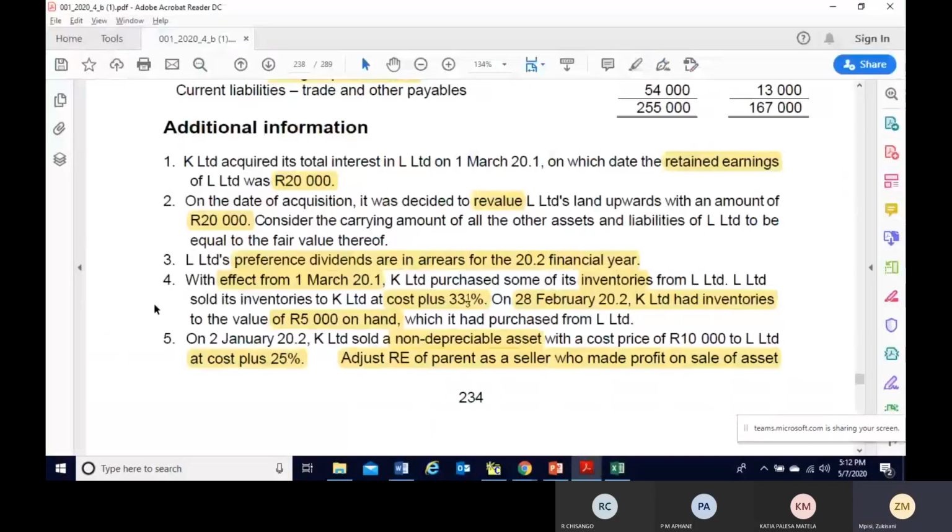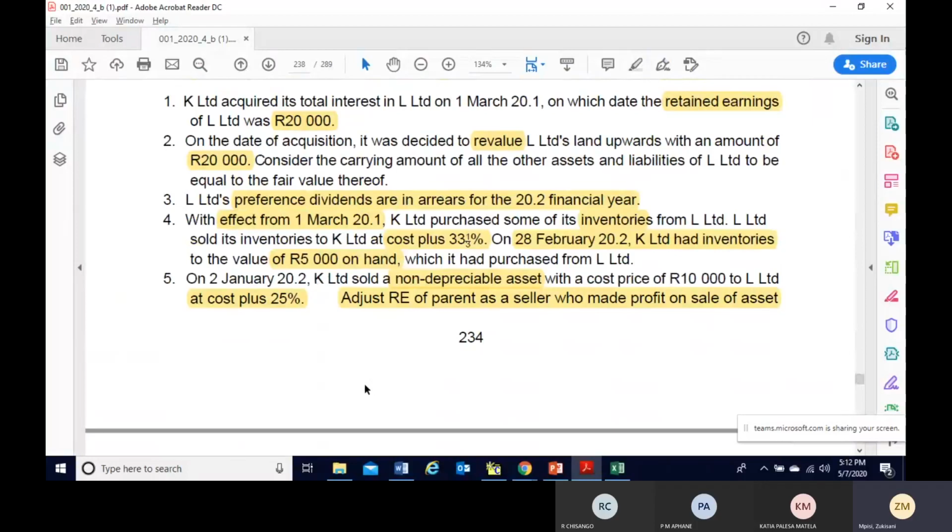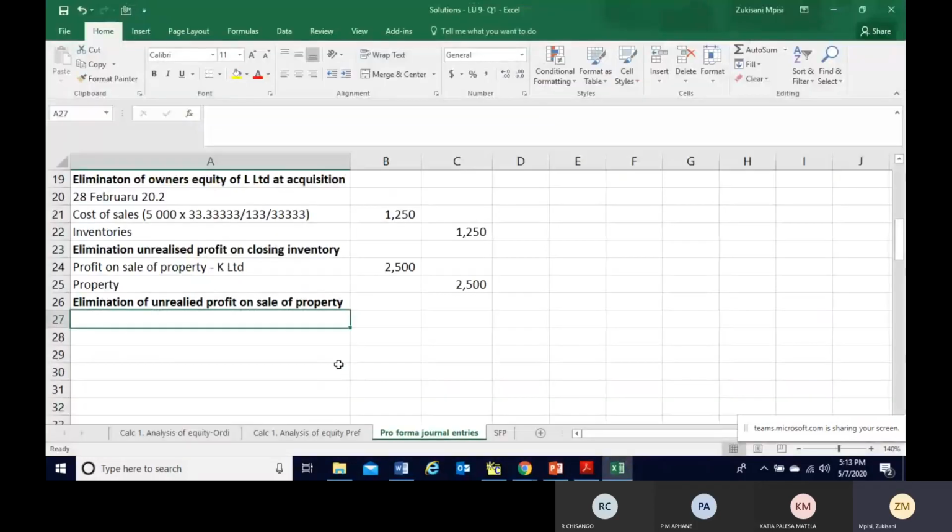So let us look at what else we would be doing. The next thing we have to be doing is looking at number 3, which we will do just now. But before number 3, yes, we've got the loan for LLTD that's sitting with KLTD, which is an asset, so which is a liability.